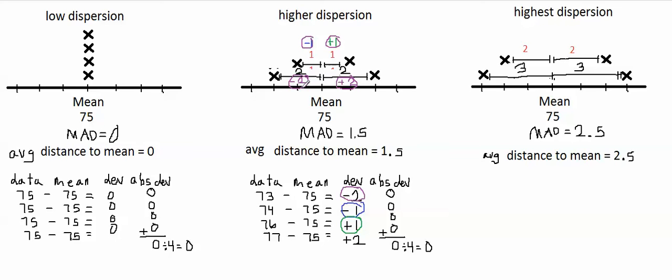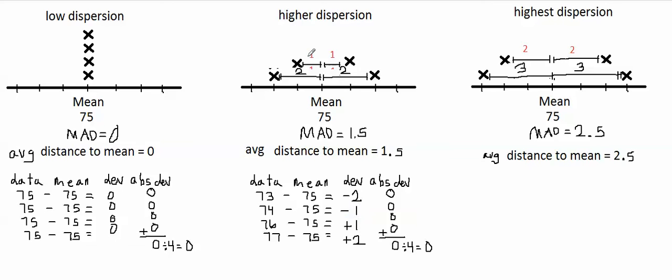These four regular deviations show how far each person is from the mean, but if the person is below the mean, it's a negative number, and if the person is above the mean, it's a positive number. So 1 below is -1, 1 above is +1, 2 below is -2, and 2 above is +2. The absolute deviations also show the distance from each value to the mean, but the difference is that the absolute deviations are always positive.